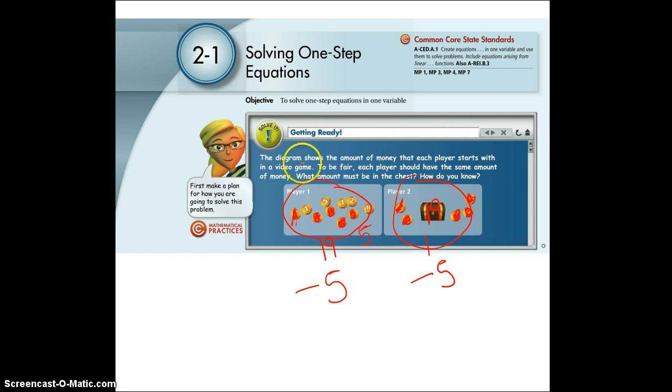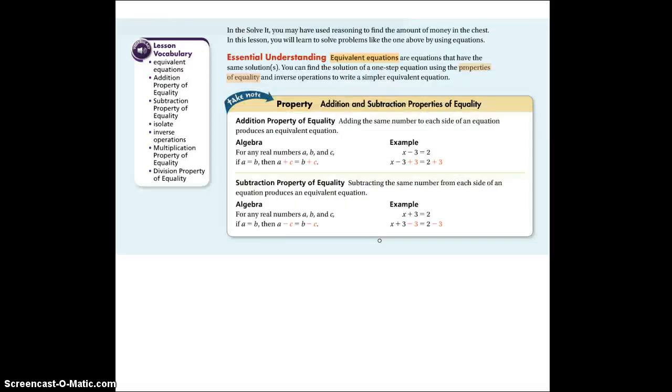All right, so our objective for this lesson is to solve one-step equations in one variable. Whenever we have one variable, we're going to learn how to solve these types of equations. Solving these equations follows the addition and subtraction property of equality, so we'll talk about those here in a second.